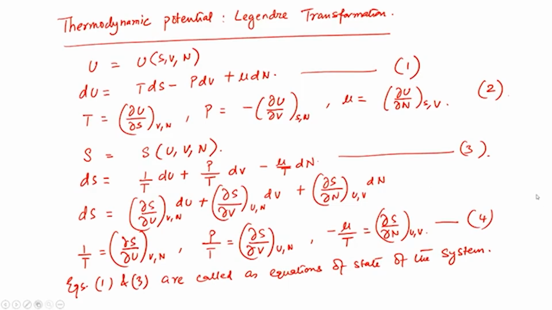Sometimes, if you look at equation 3, which is that for ds, it is more useful because the equilibrium state of a system is a state of maximum entropy. So, ds is maximized, and that is the reason we sometimes find equation 3 more useful than equation 1. Nevertheless, they are called the equations of state.